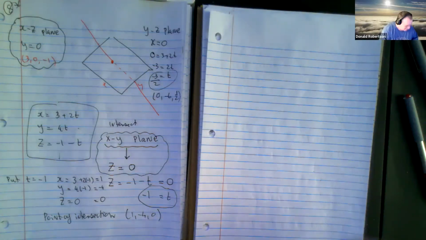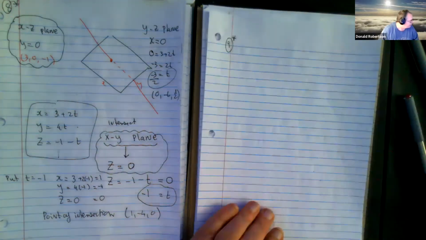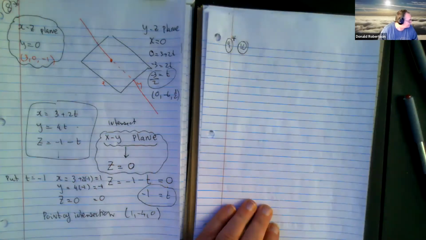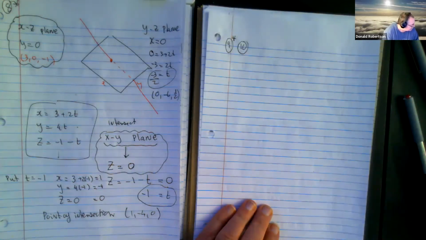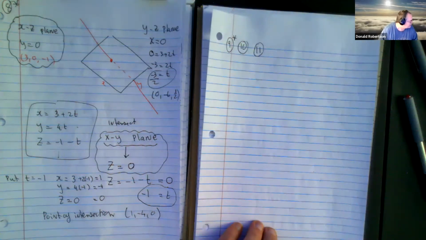So we know how to get the equation of a line, or at least a couple of ways to do that, depending on the information. The next group of questions, that's definitely question 9. Question 10 does the same. Keep going, question 11 does the same. That's it.